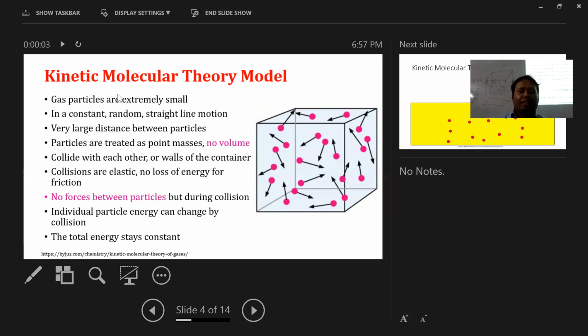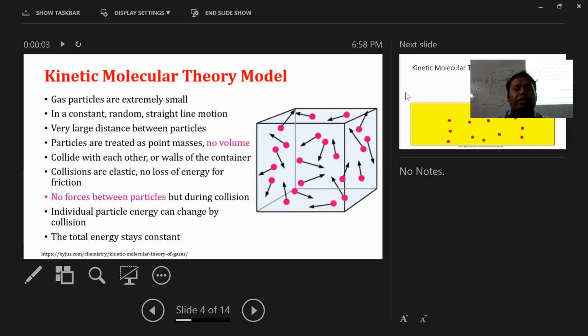Anyway, what is the kinetic molecular theory? It covers some properties of gas molecules. Previously, when scientists worked with the properties of different gas molecules, they found some special characteristics of those gas molecules.